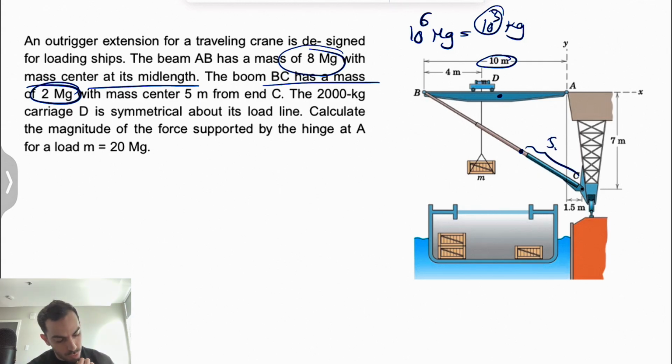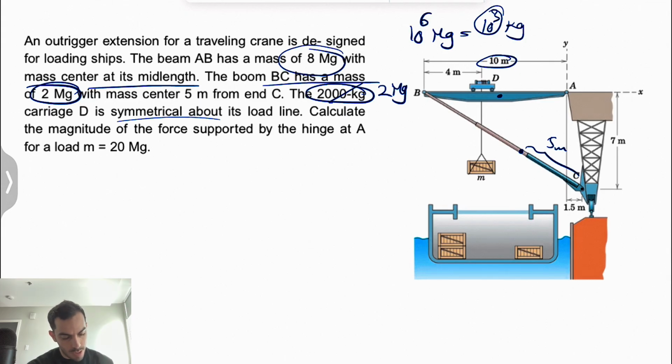And we have a 2000 kilogram carriage, or if we write all the dimensions in the same format, 2 megagram. The mass of the carriage is 2 megagram or 2,000 kilogram, and it's symmetrical about its load line.